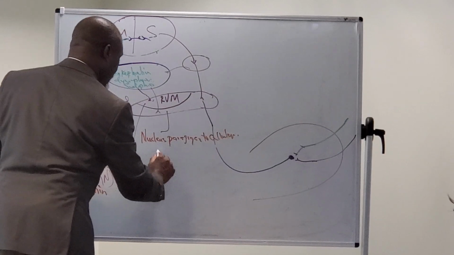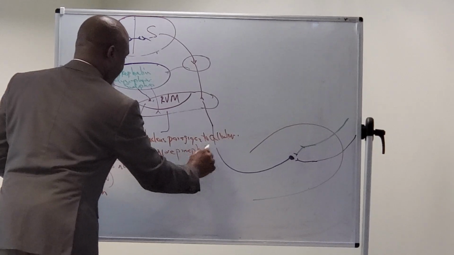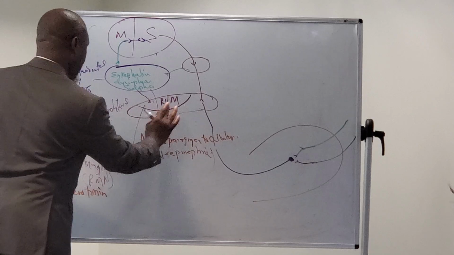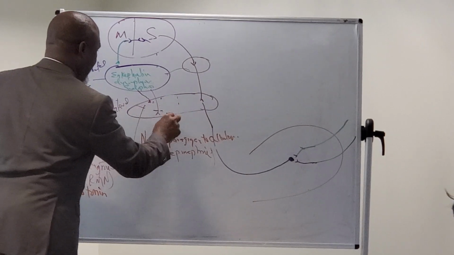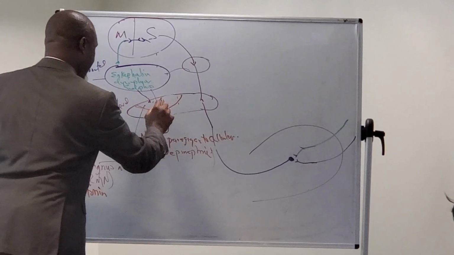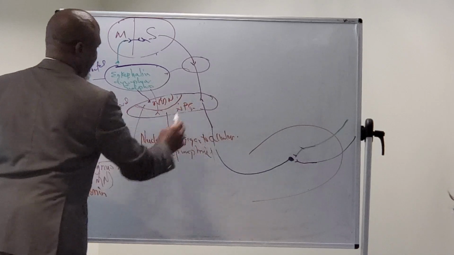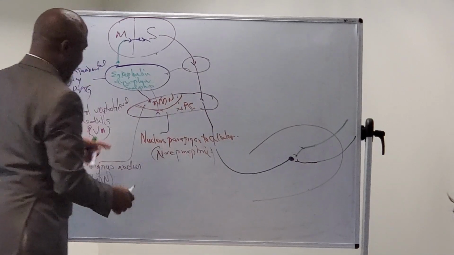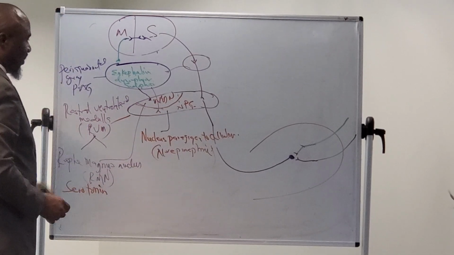This one produces what? Norepinephrine. So the rostral, okay, let's just say that this is divided into two. The Raphe magnus nucleus and the nucleus paragigantocellularis. So these two are commonly referred to as the rostral ventrolateral medulla.